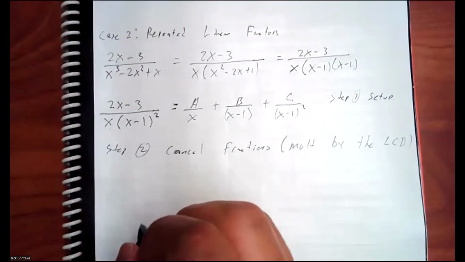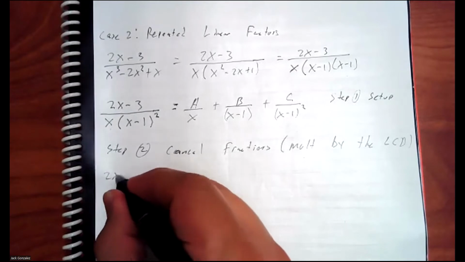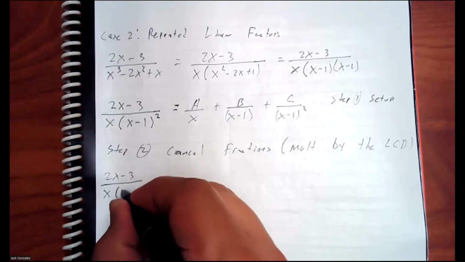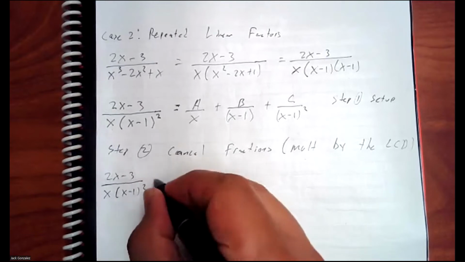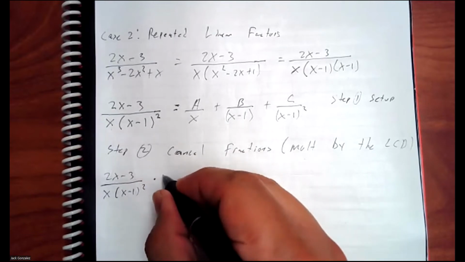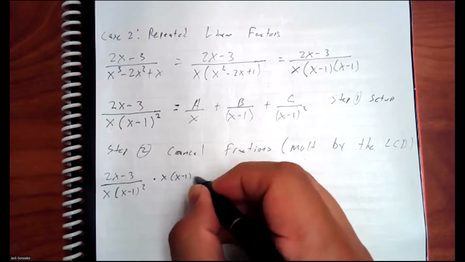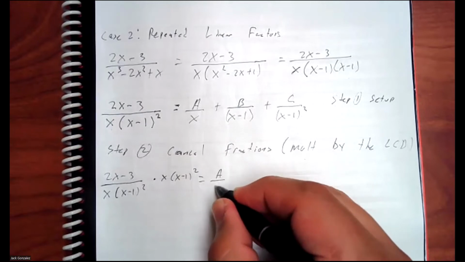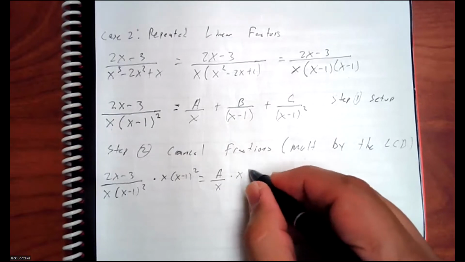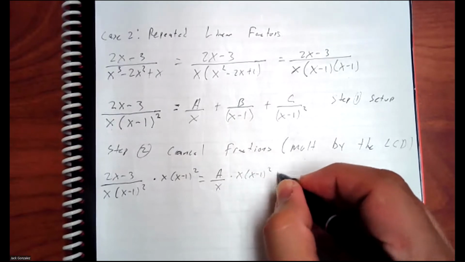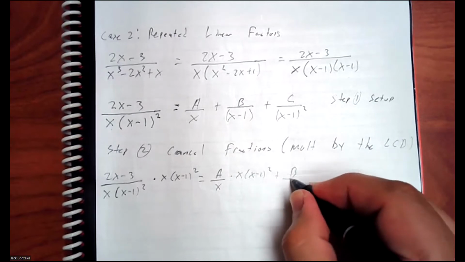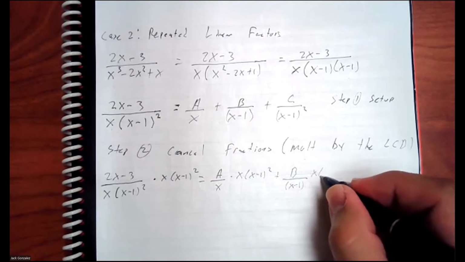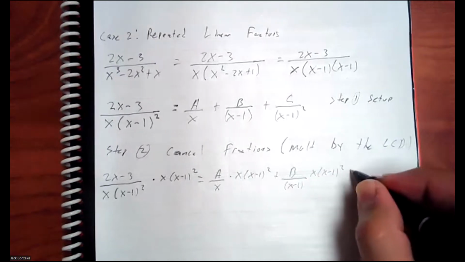So multiply the right hand or left hand side by x times x minus 1 squared. So x times x minus 1 squared. And the first term times the same thing. And the next term, last term.